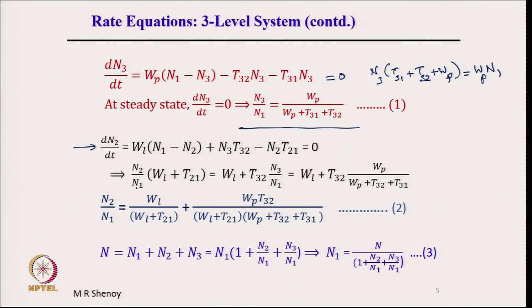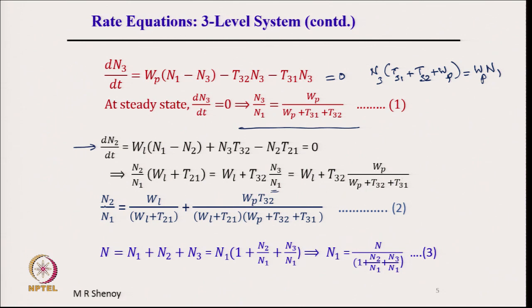Similarly, the second equation dN2 by dt equal to 0 gives us, take the N2 terms together and N3 terms together, and then we can write N2 by N1 into WL plus T21 is equal to WL plus T32 into this. Now, N3 by N1 we have already got the expression here. Therefore, that is equal to WL plus T32, and for N3 by N1 we substitute Wp divided by this.